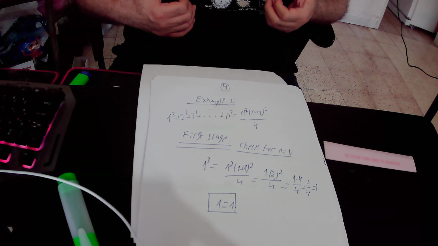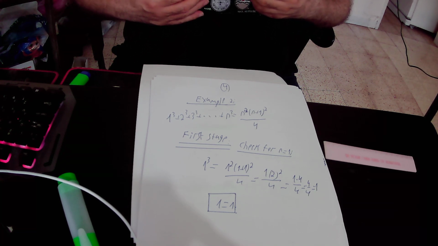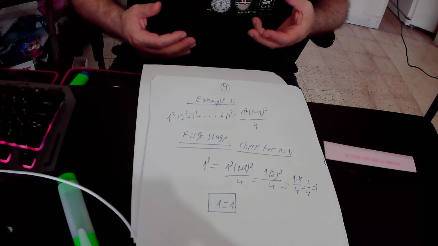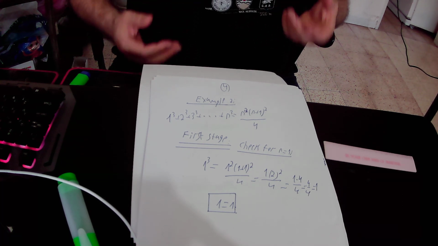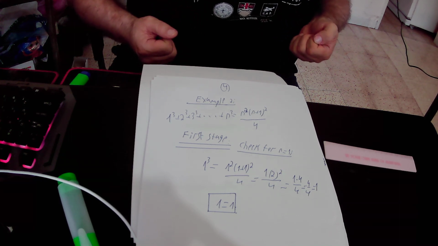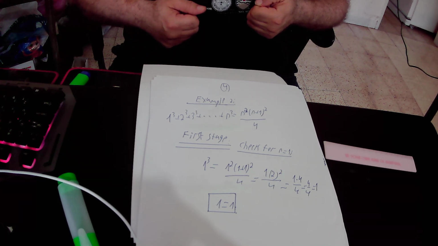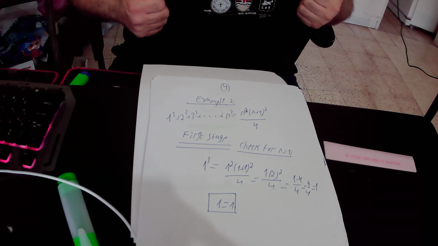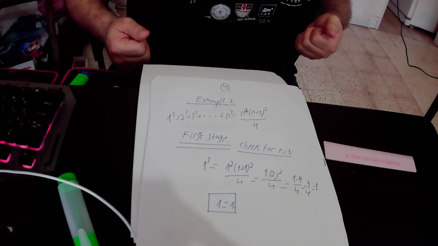And if we succeeded to prove that the statement is true for n plus 1, then we actually proved that the statement is true for all the natural numbers. Why? Because in the first stage we proved that the statement is true for n equals 1.